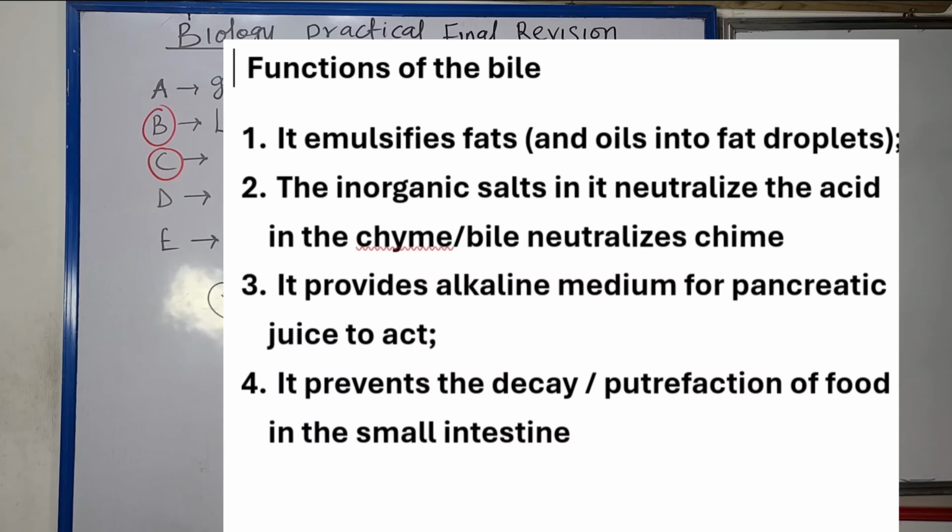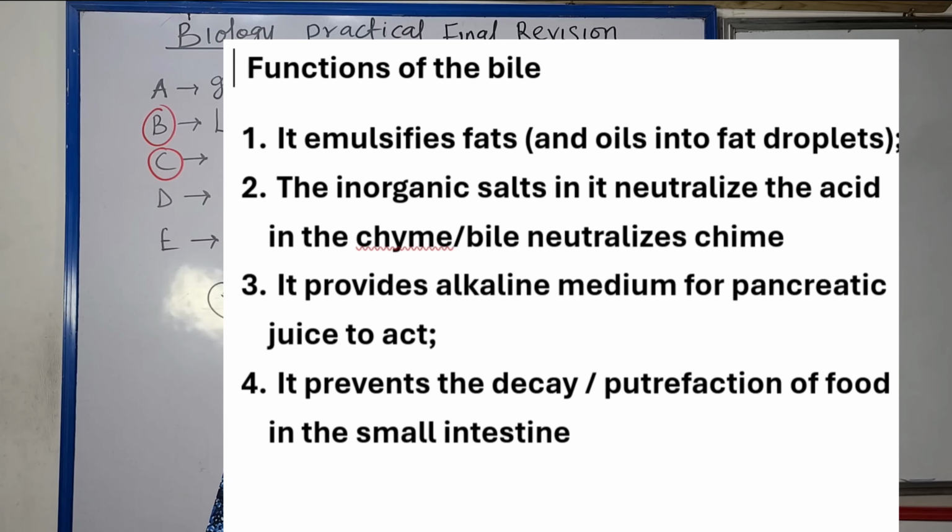So that ends that. Also, it provides the alkaline medium for pancreatic juice to act. Yes, that's another one. It provides the alkaline medium needed for pancreatic juice to act. If you see that diagram, you can see where the pancreas is.